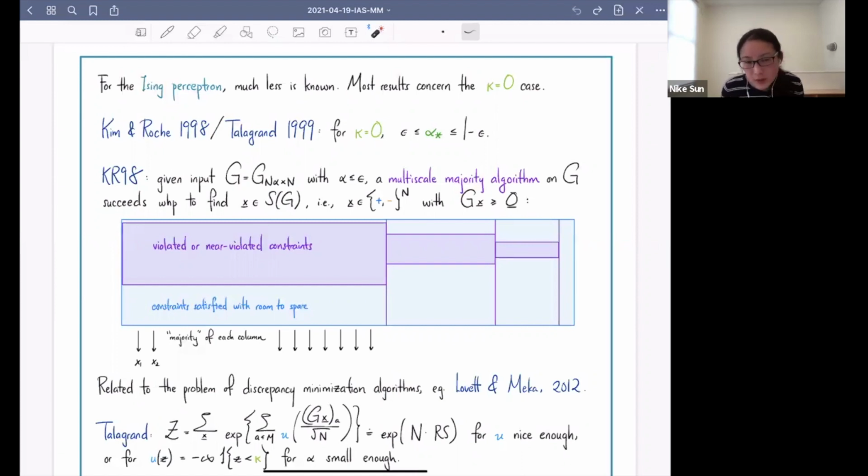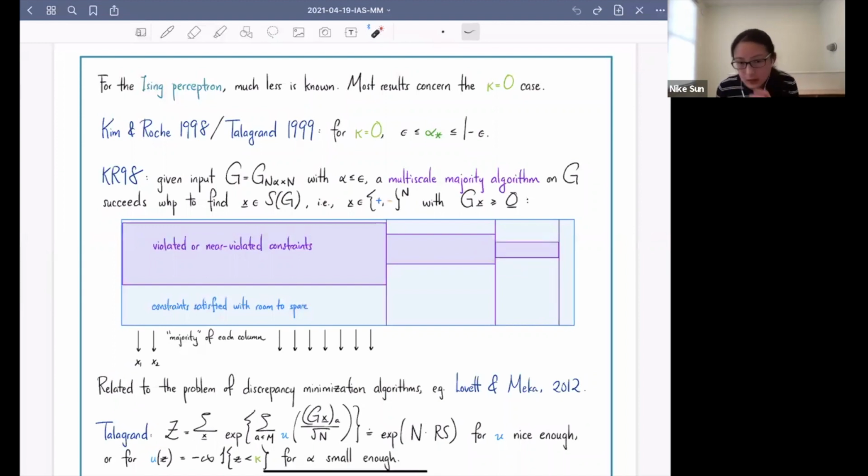So the idea of this paper is just to do it in a multi-scale way. You first do this majority procedure with maybe the first two-thirds of the matrix, and then most of the constraints will be satisfied, and some of the constraints will be violated by chance. Then you fix these up at the next stage, and again you will have a few that are not satisfied, and you fix those at the next stage.